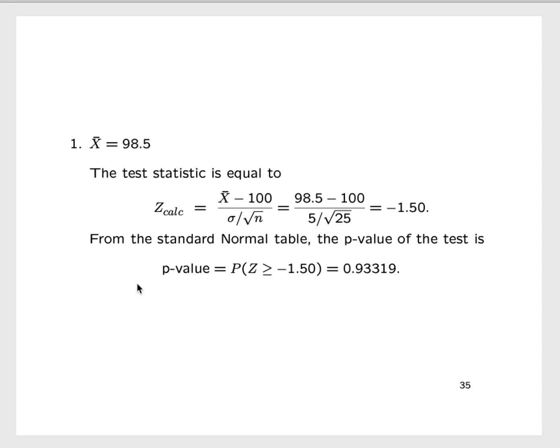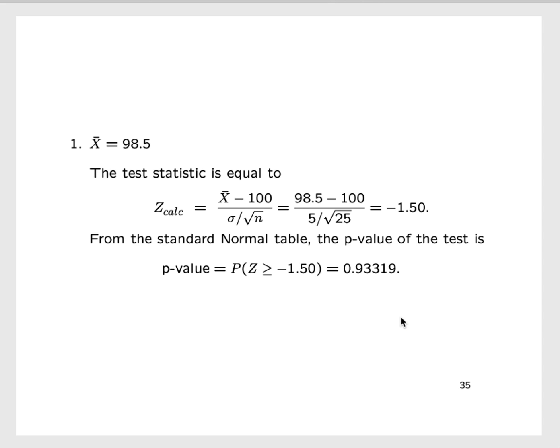And so the p-value for this test is the probability that the standard normal random variable is greater than or equal to negative 1.5, and that probability is equal to 0.93319. And so because that is not less than 0.05, we would fail to reject the null hypothesis in this situation.